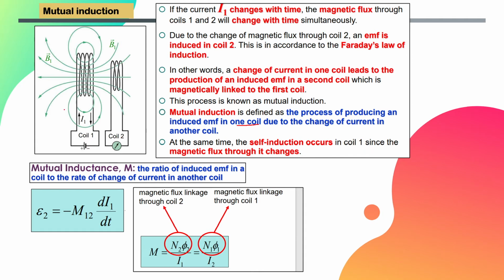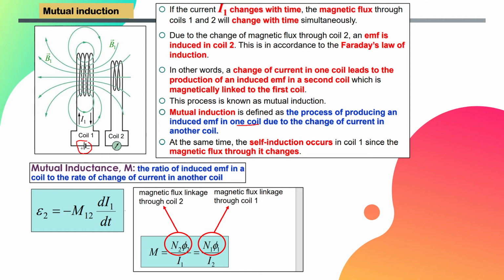Look at here, in coil 1 we have a battery, right? So when there is a change of I1, either increasing or decreasing, coil 1 will undergo self-induction at the same time, since the magnetic flux through it changes.